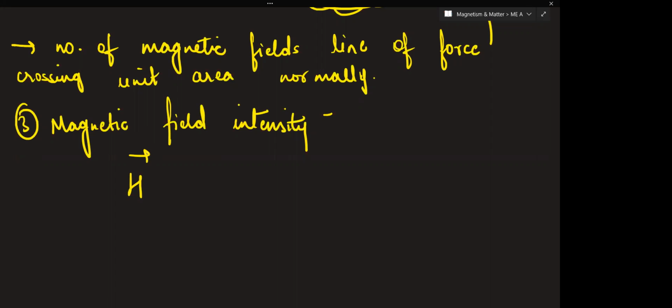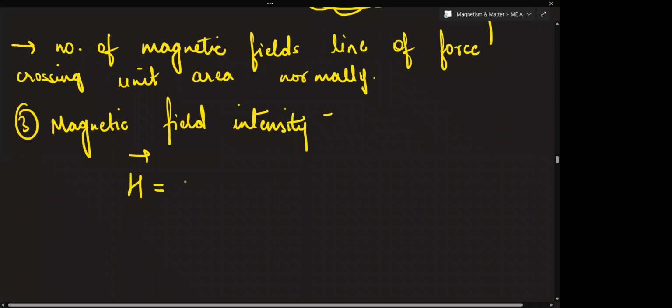How can we write its magnitude? Simply, it's defined as the number of ampere turns, the number of turns multiplied by the current that it is having. This is its formula.